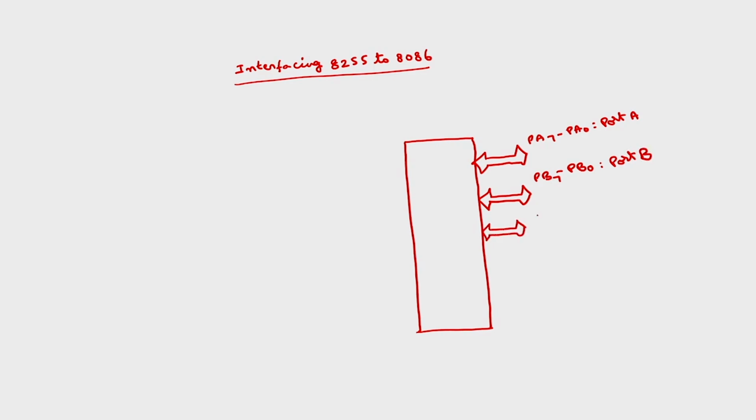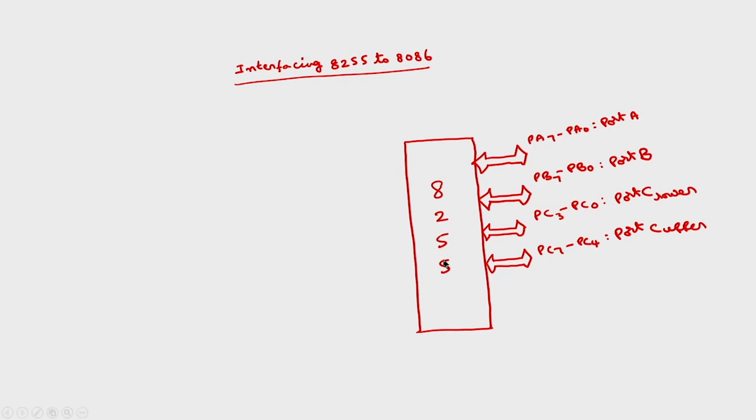All these are bidirectional because they can be programmed as input or output ports. This is called port C lower. And then we have PC7 to PC4, port C upper. This is 8255.